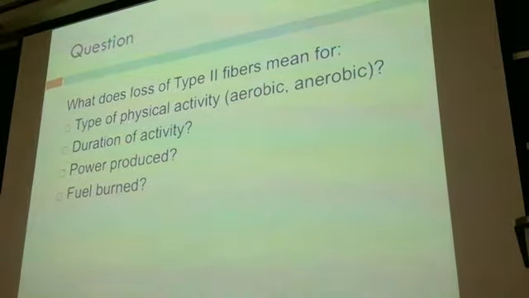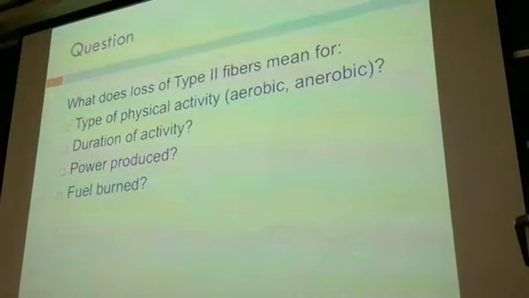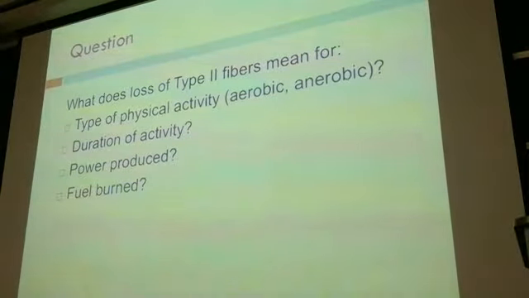So what happens with the loss of type 2 fibers to the ability to engage in physical activity? Which of these forms does it affect, anaerobic or aerobic? Think about the answer to that question. The answer is it's less anaerobic activity, because that's really what they sustain, duration of activity.